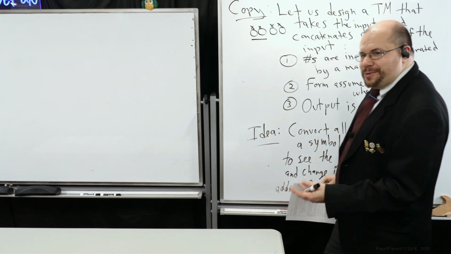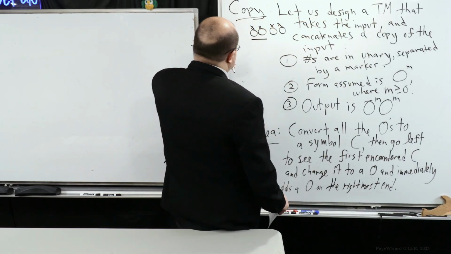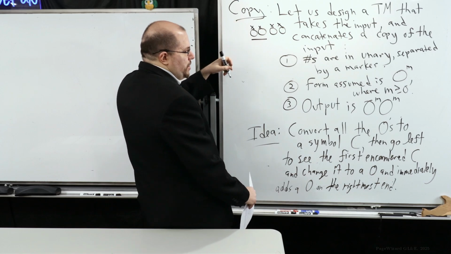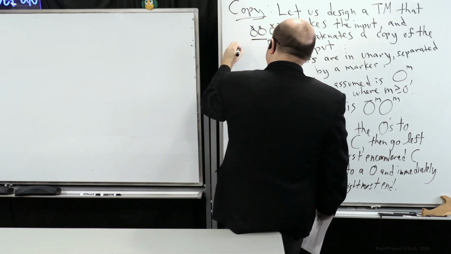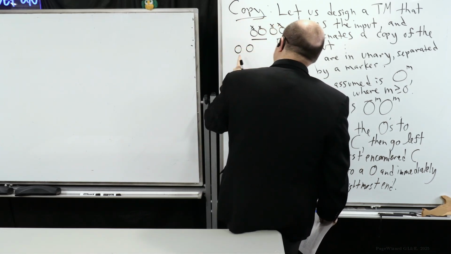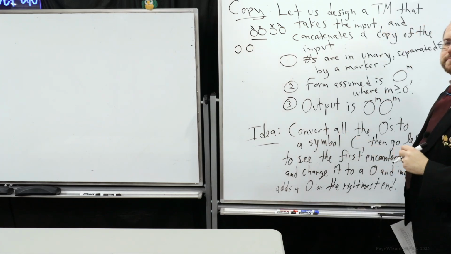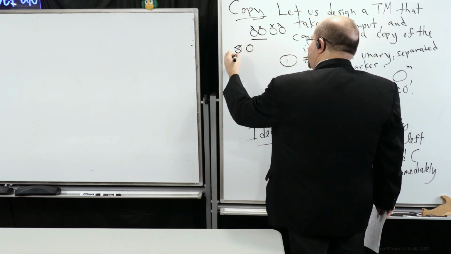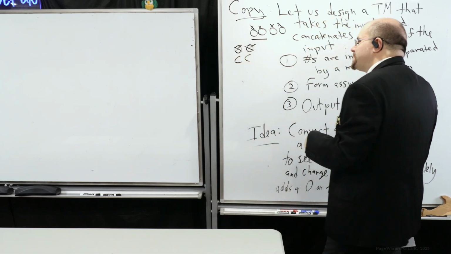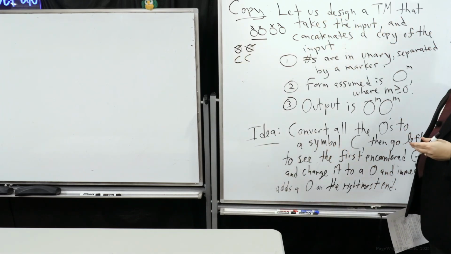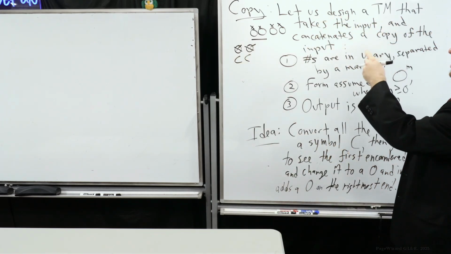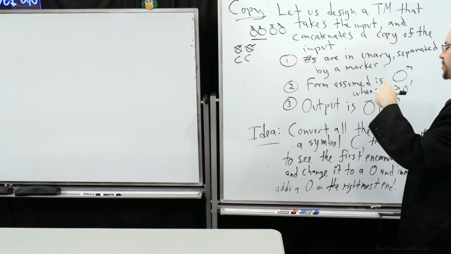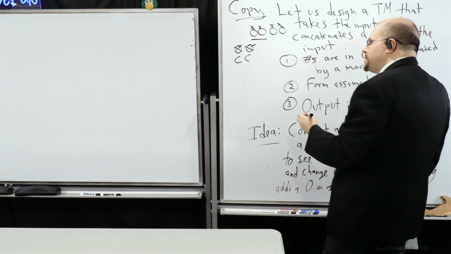So let me walk you through what I'm saying. You start off with 2 zeros. That's the input. Instead of having zeros, turn them into C's. Now it doesn't technically matter which of the C's we go for first. We're just going to go with the first encountered one.